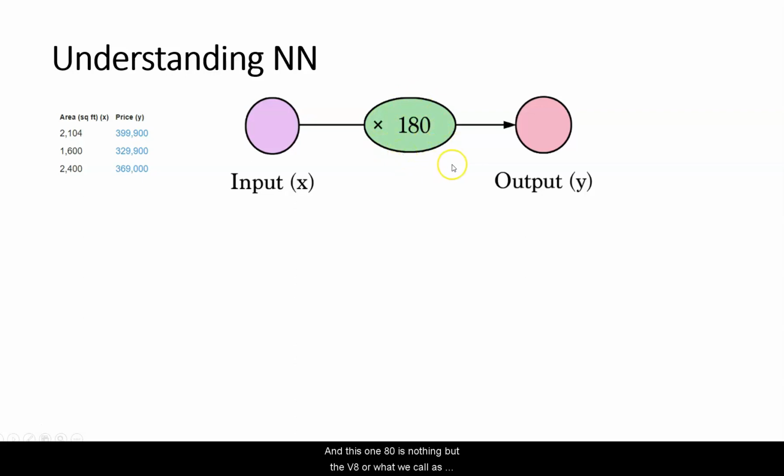And this 180 is nothing but the weight, or what we call the parameter, of your neural network. The multiplication output technically becomes your prediction.